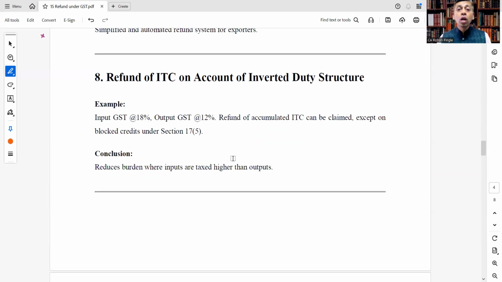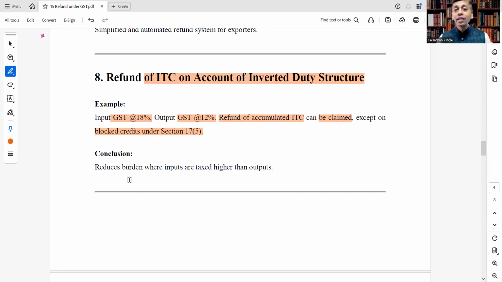Refund of ITC on account of inverted duty structure. Very, very important. Example: input GST is 18%, output GST is 12%. So refund of accumulated ITC, that is the difference of 6%, can be claimed except on blocked credits under section 17 subsection 5. So the conclusion is reduced burden where inputs are taxed higher than outputs.